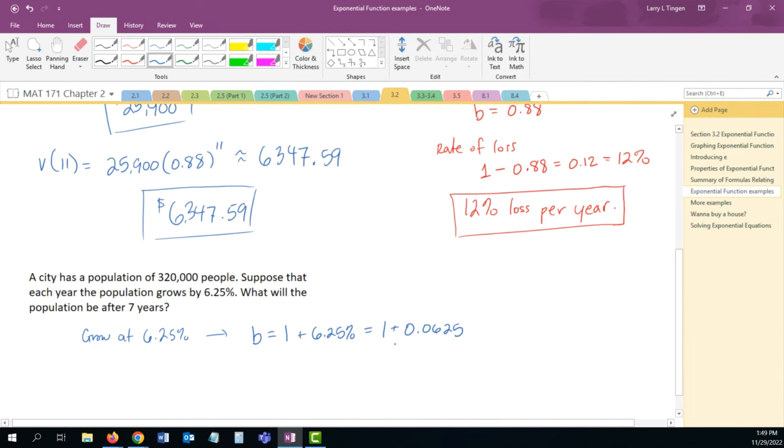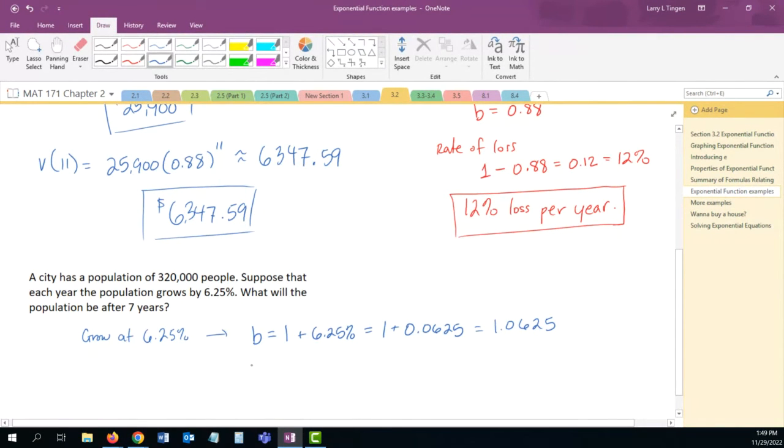If you take your initial value and you multiply it by 0.0625, you get how much growth you have. What is 6.25% of my initial population? So when my base is greater than 1, that's why we see growth.